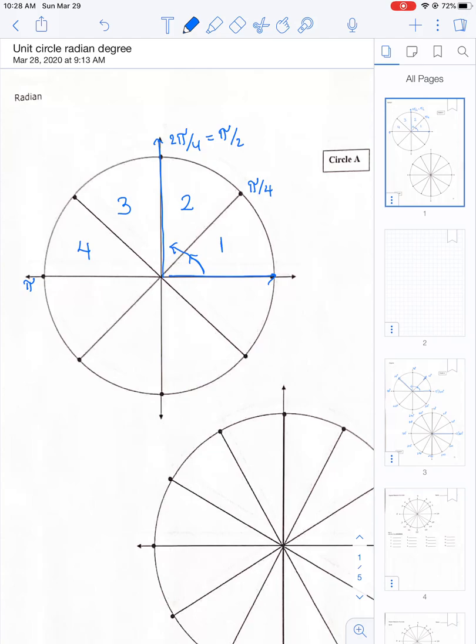Now if we just count, let me go ahead and erase some of this so that we get the actual angles. So we left off at 2 pi over 4. This would be 3 pi over 4.